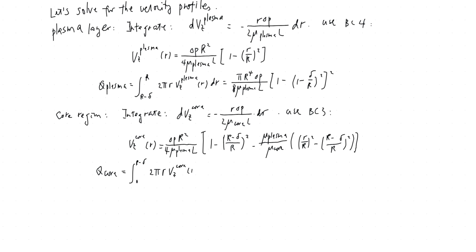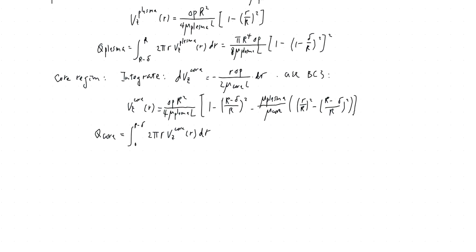So if you do the calculation, you will find another expression: pi R to the power of 4 delta P divided by 8 mu plasma L. Then we have a big term, big parentheses.